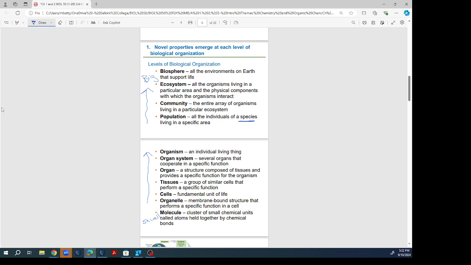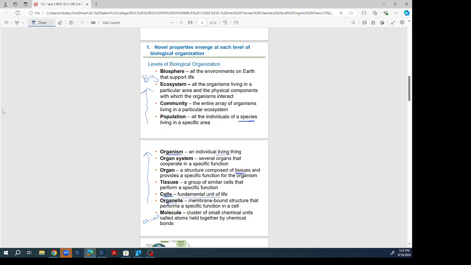So organism is the individual living thing, again that idea of all the characteristics of living things. Within an organism, you're going to have an organ system, and so maybe that's your circulatory system. An organ, that'd be your heart, is made of tissues and has a specific job. Down from there, we have the cells, and they are the fundamental unit of life. That's cell theory, which we'll come back to time and time again.